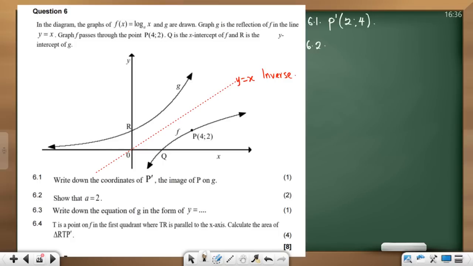It's all about substitution. Just substitute. What do we know? y equals log base a of x. I'm working with f, guys. Don't make a mistake. And P is on f. So what's my y value there? 2 equals log base a, and my x is 4.